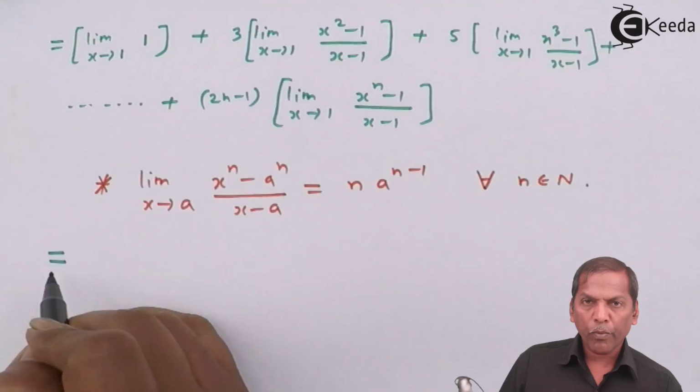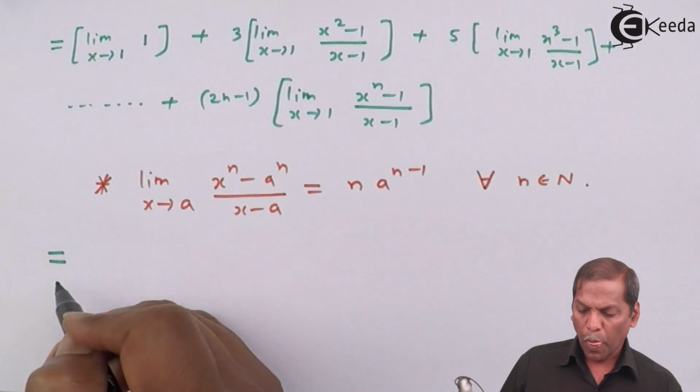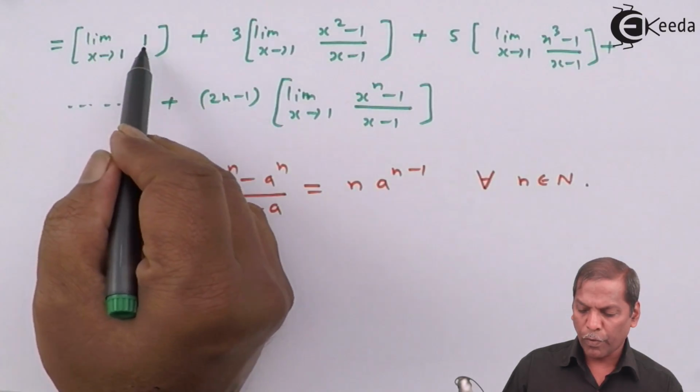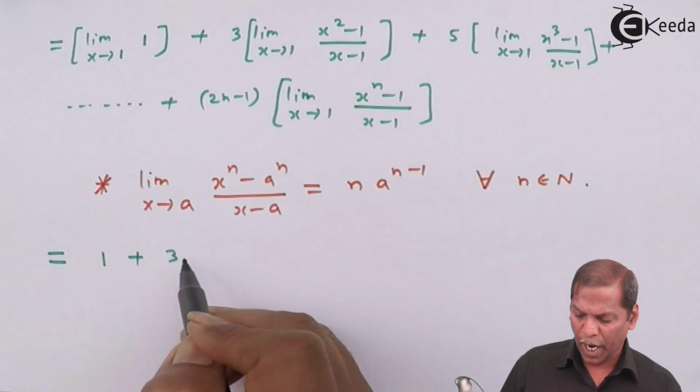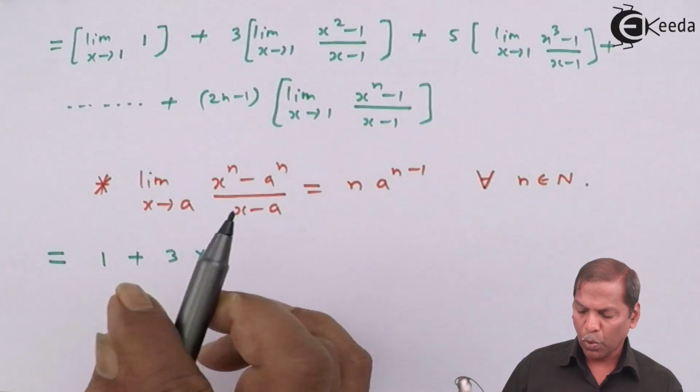So the next step is equal to, now limit x tends to 1 of 1 gives us 1, then plus we write 3 as it is into.